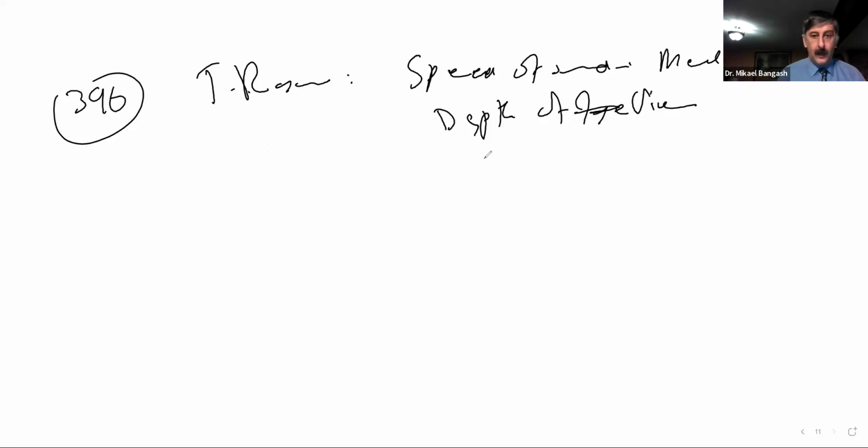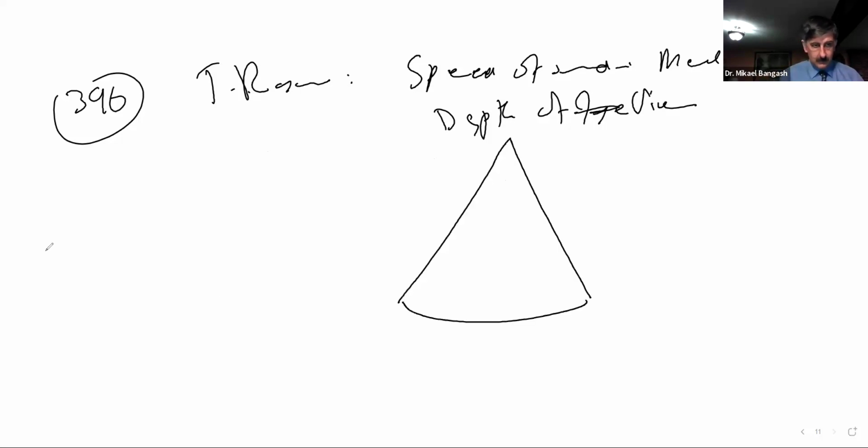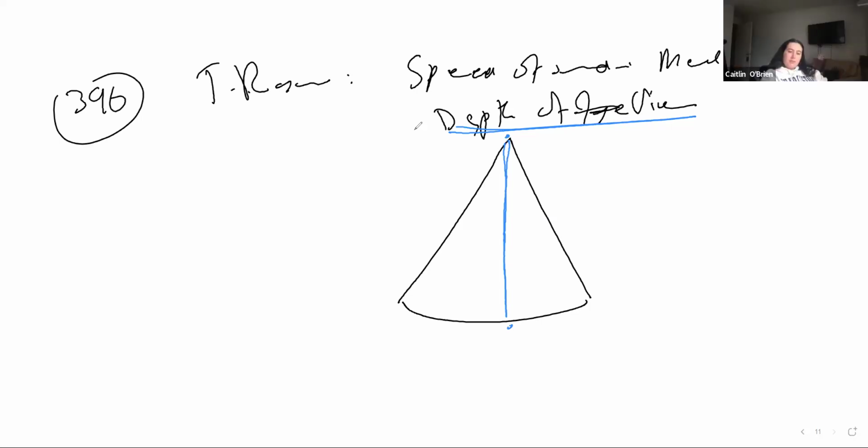Guys, please. This depth here, or this distance here, is what you will call depth of view. Is that clear? Yes. Good.